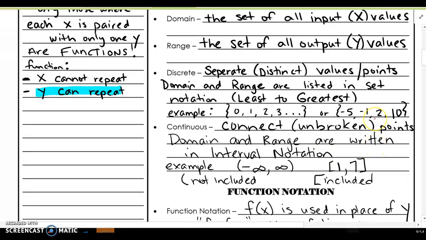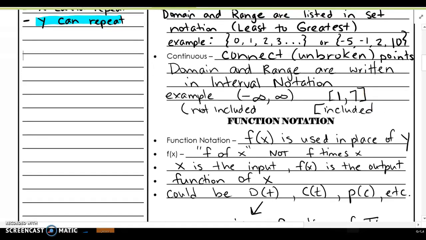Discrete data would be a list of the values, the X values and the Y values, just a list, always from least to greatest. And then if it's continuous data, we would use interval notation to describe from here to here and everything in between. Remember, with interval notation, a parentheses means that it's not included. You always use a parentheses around infinity and negative infinity.